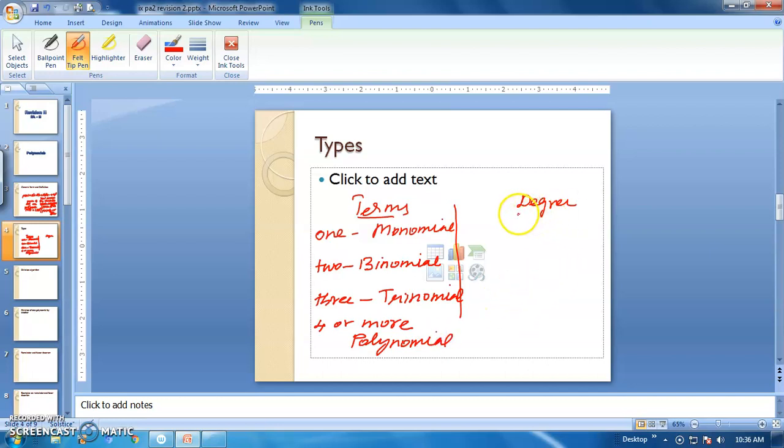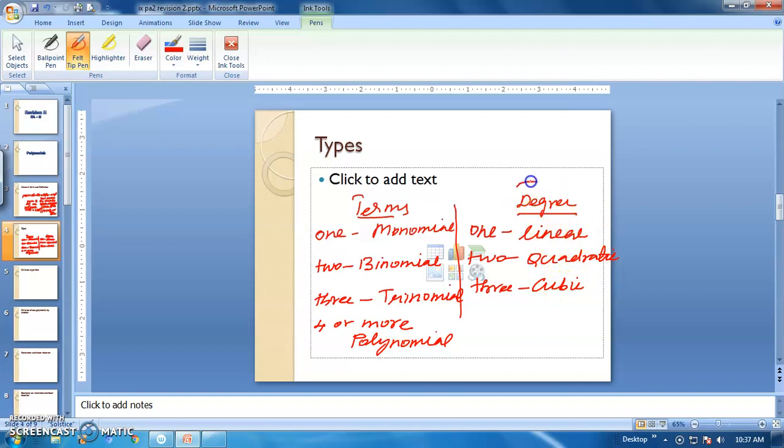Then according to the degree, if a polynomial has degree 1, it is called a linear polynomial. Degree 2 is called a quadratic polynomial. And power 3 means cubic polynomial. Then above that, 4th degree, 5th degree, like that.